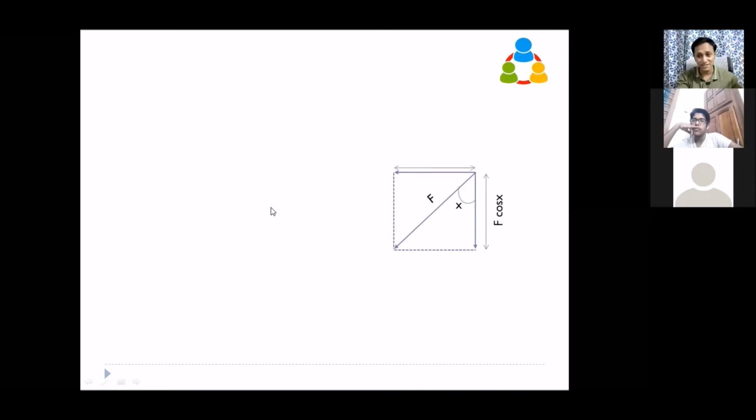Well, obviously, what is this then? Sine. Natural, right? That is f sin x. This is f cos x. This is f sin x. Naturally. Now, you tell me, what is this angle? 90 minus x, is it not?